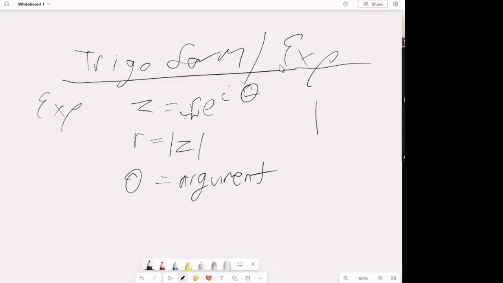What do you mean by argument? Let's go back to our real and imaginary axis. The angle that z makes with the horizontal is called the argument. Basically it means the angle with respect to the horizontal, and we always define theta from the positive imaginary axis. So we always start here.